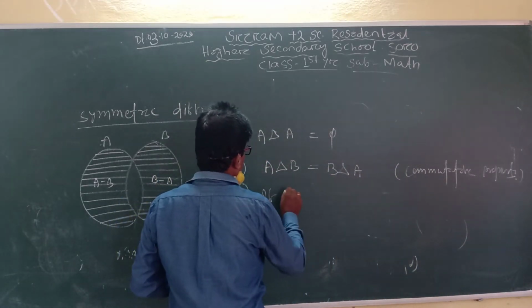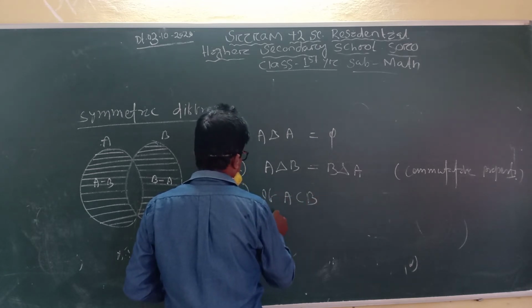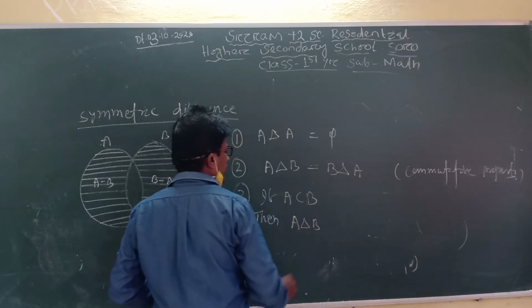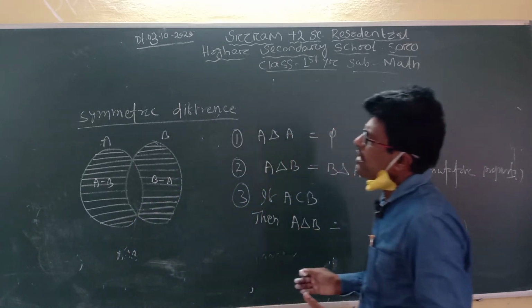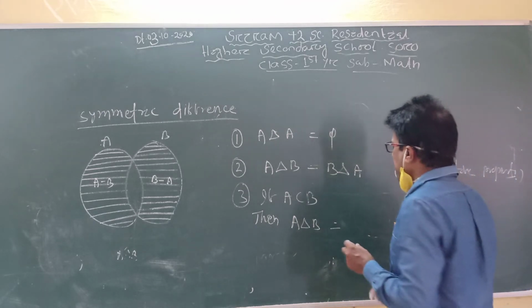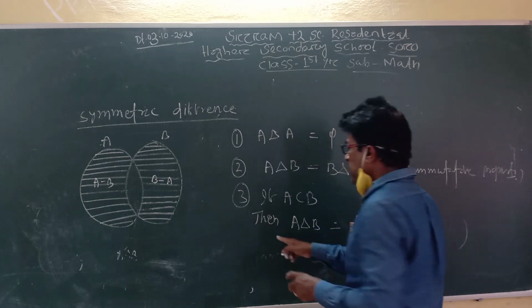Property 3: if A is a subset of B, then A delta B is equal to B difference A. You remember that part also.